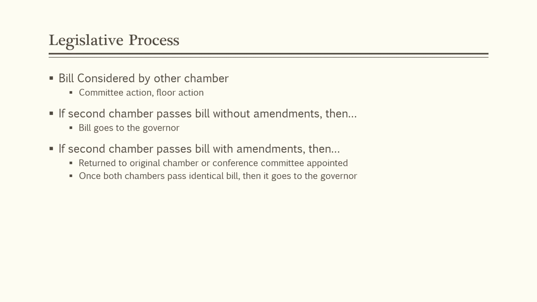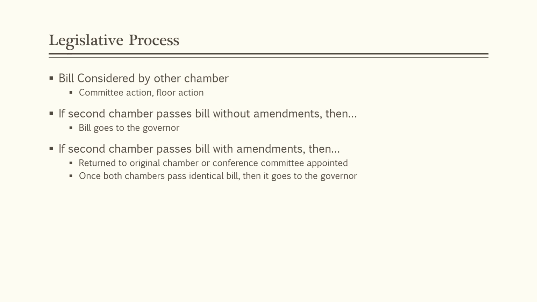Now, if that second chamber to consider the bill passes that bill without any amendments, so in other words, they pass the same version of the bill that the first chamber passed, then that bill goes to the governor. But usually what will happen is the second chamber will pass a bill with amendments.